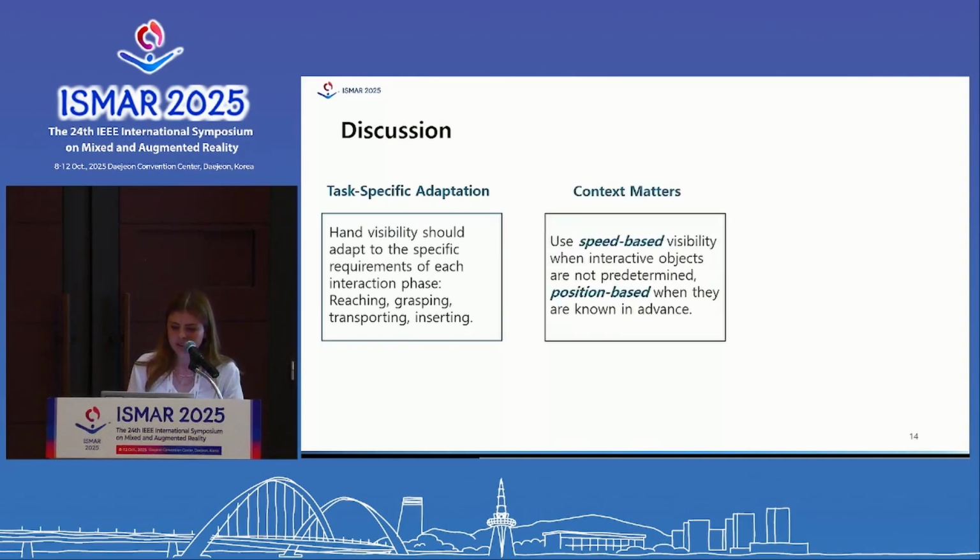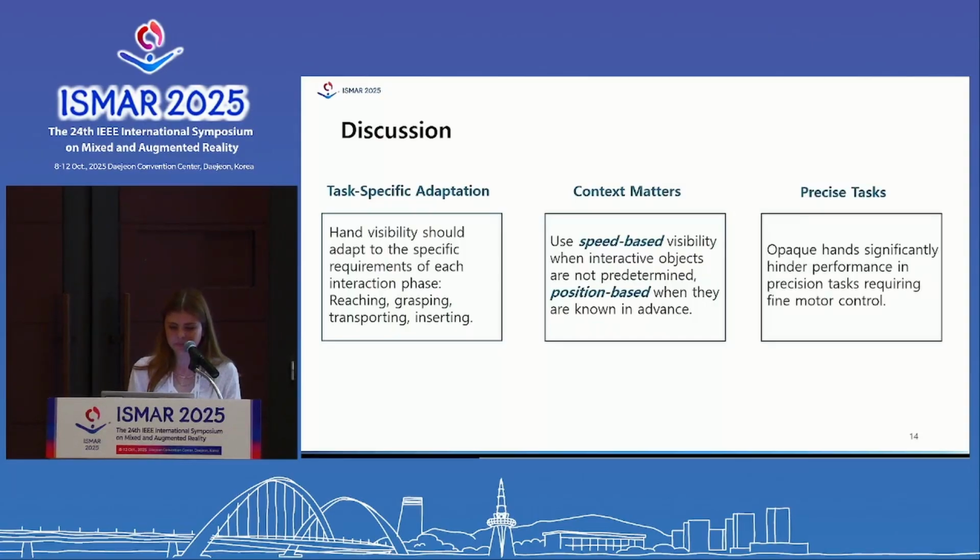Second, the right adaptive method depends on the task context. If the system doesn't know where the interactive objects are, we suggest using speed-based visibility. And if the objects are predefined in the 3D environment, we suggest using position-based visibility.